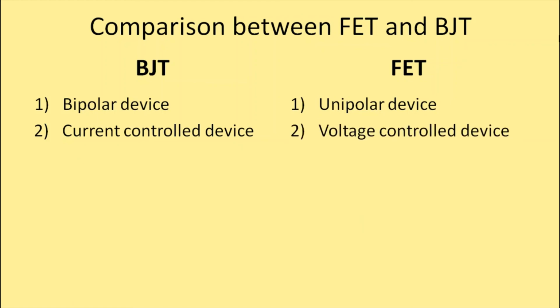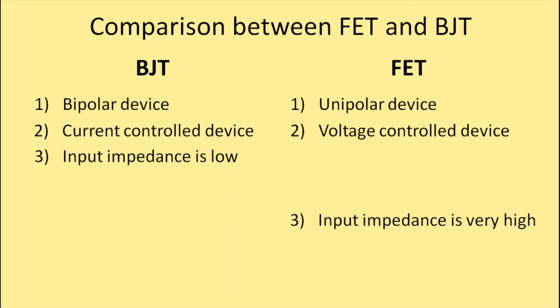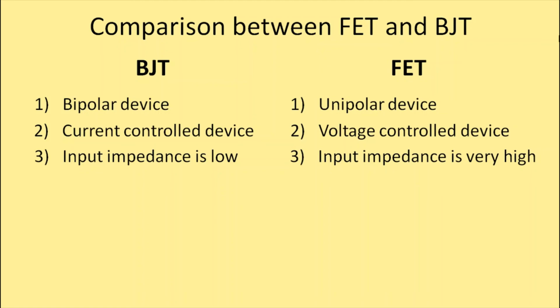Talking about FET, FET is a voltage controlled device. That means the drain current is controlled by the voltage at the input end. Third difference is the input impedance. The input impedance of BJT is quite low when you compare it with the input impedance of FET. FET has a comparatively high input impedance.